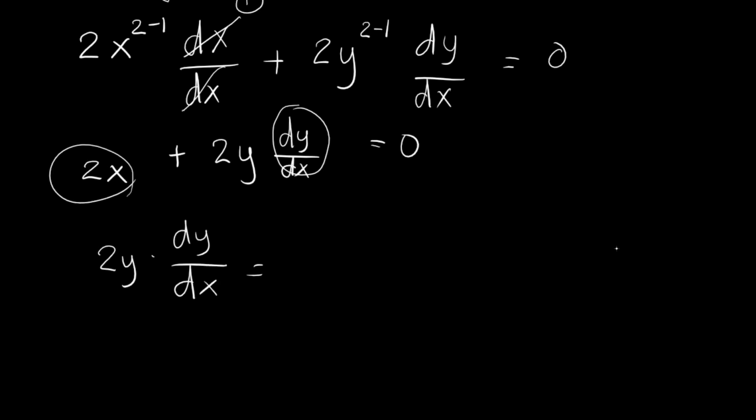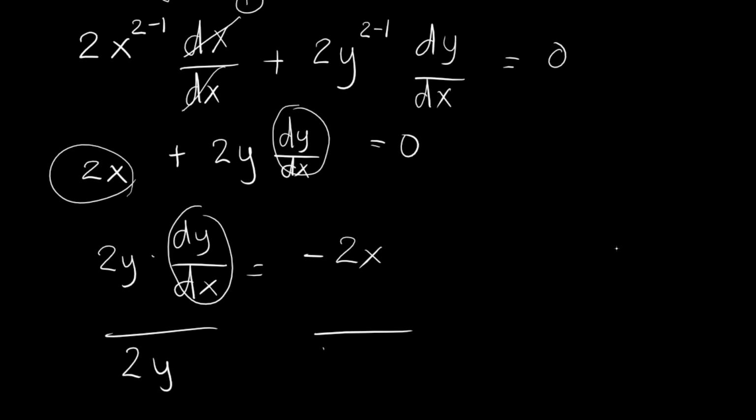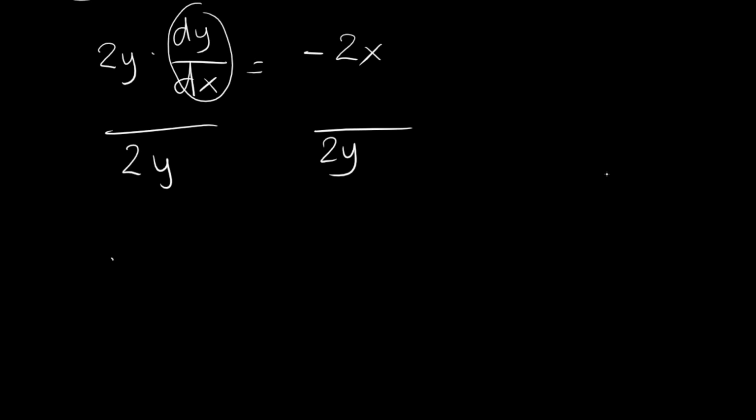Itong si 2x, ilipat natin siya sa kabila. That will be negative 2x. Then, dahil gusto lang natin na matira si dy over dx, edi i-divide natin siya, yung buong equation sa 2y. Okay? Para makuha natin si dy over dx. And that will be equal to, makakancel si 2y, mananatili si derivative of y with respect to x.